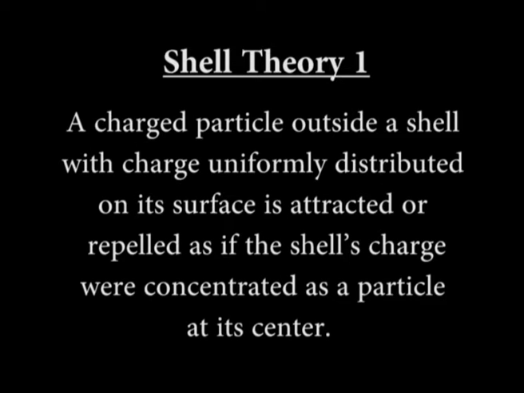In the first theory, we assume that the charge on the shell is much greater than the particle's charge. Thus, the presence of the particle has negligible effect on the distribution of charge on the shell. If excess charge is placed on a spherical shell that is made of conducting material, the excess charge spreads uniformly over the external surface.